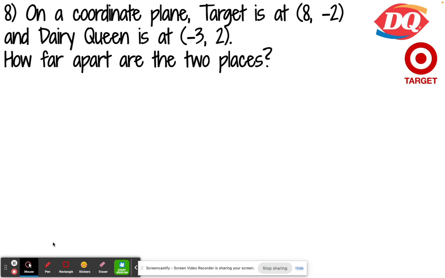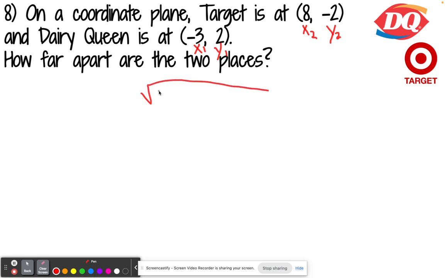It says on a coordinate plane, Target is at 8, -2, and Dairy Queen is at -3, 2. And we want to know the distance between those two places. x2, y2, x1, y1. So square root, 8 minus -3 becomes 8 plus 3 squared, plus -2 minus 2 squared.